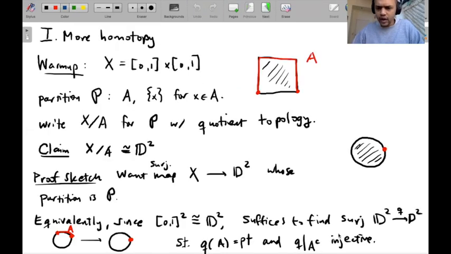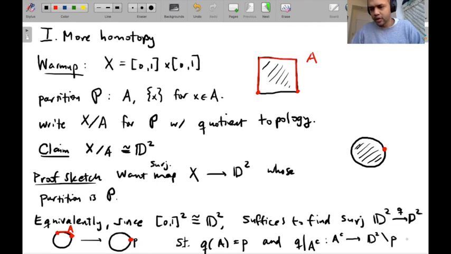I should have said here that Q restricted to A complement should be a map from A complement to D squared minus this point, which let's call P here, and that this is injective.